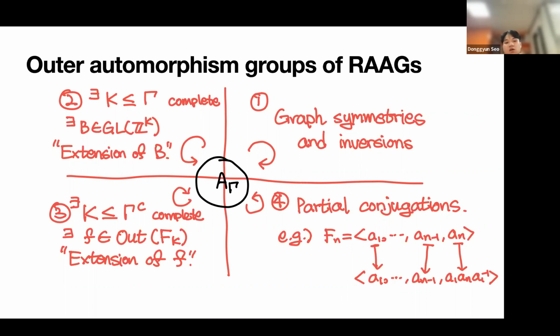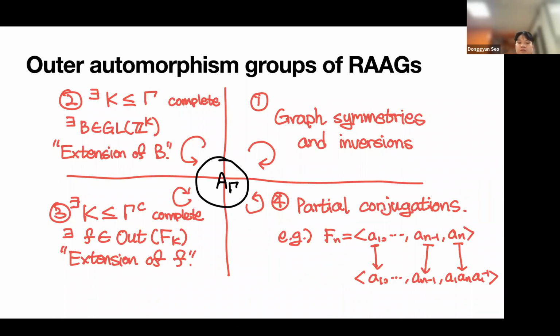Then we can construct an automorphism that fixes the others but conjugates AN by A1. So it sends AN to A1 AN A1 inverse. Then this is not an inner automorphism, so it is non-trivial in the outer automorphism group, and it is of infinite order.